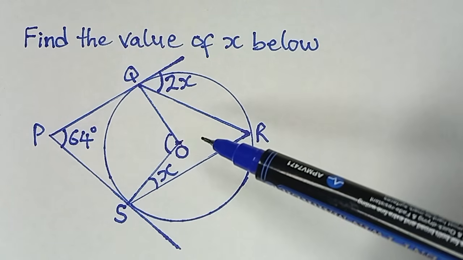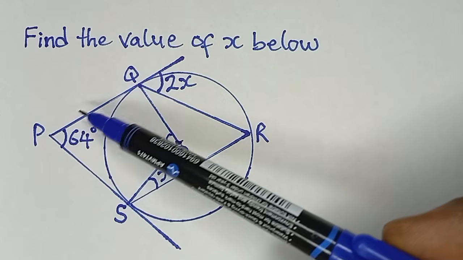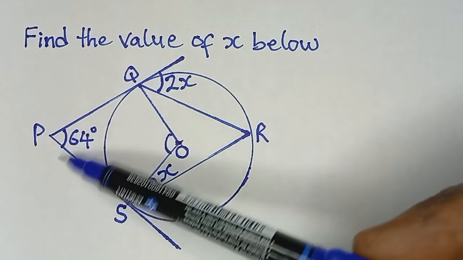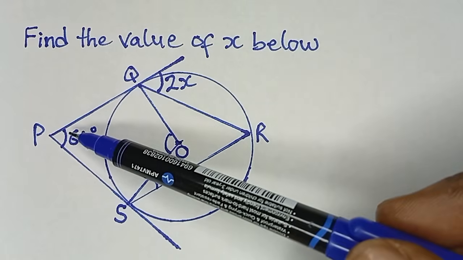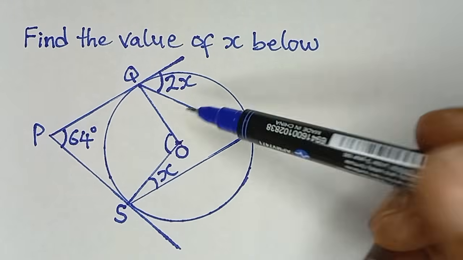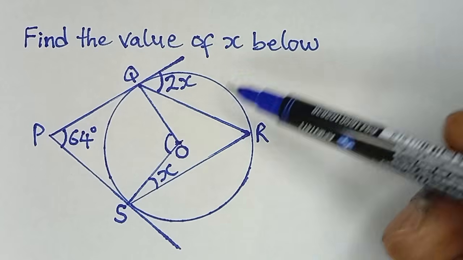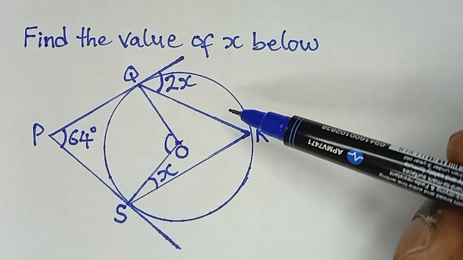So the theorem that you can just state there is that tangents from the same point are equal. So this 64 and this angle at the center will add up to give us 180 degrees.